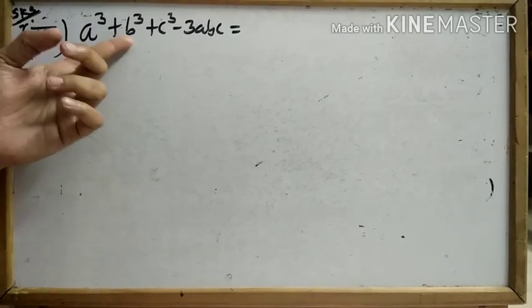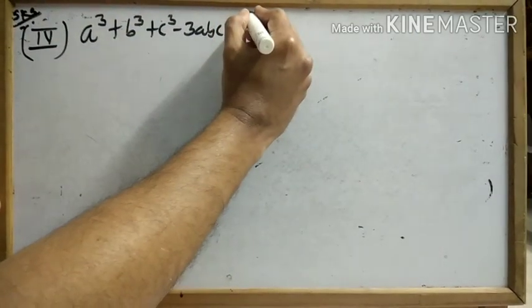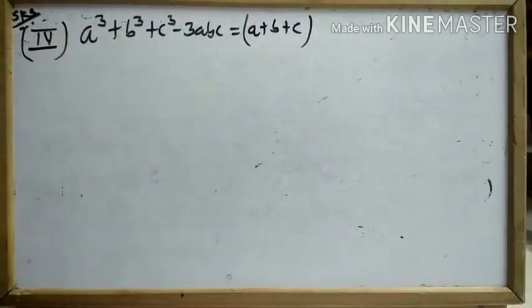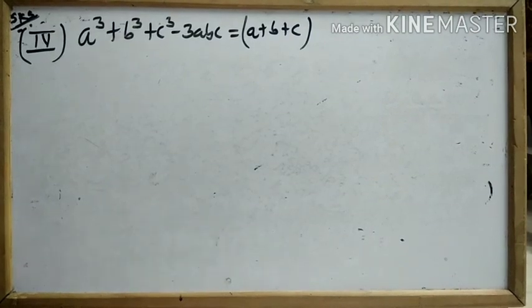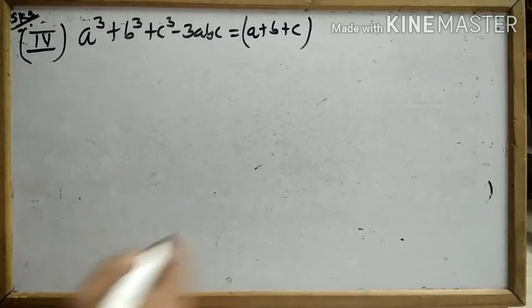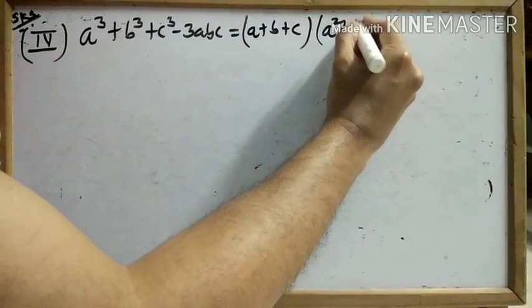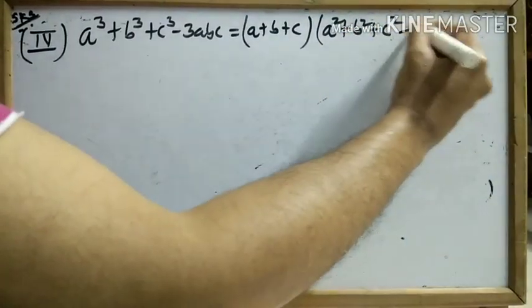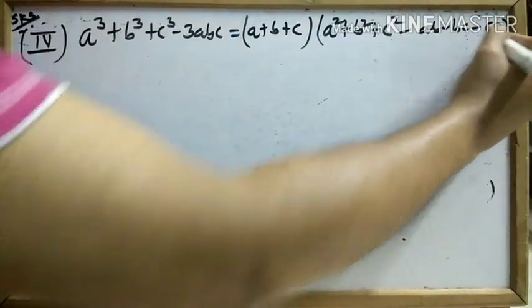The identity is a cube plus b cube plus c cube minus 3abc. It will be expanded into two brackets. The first bracket will be the sum of all three numbers a, b and c. So a cube plus b cube plus c cube minus 3abc is equal to, bracket open, a plus b plus c, bracket close. Another bracket will open, and there you will see the sum of the squares of the three numbers, that is a square plus b square plus c square minus ab minus bc minus ca.